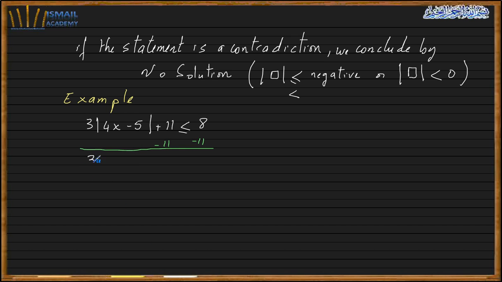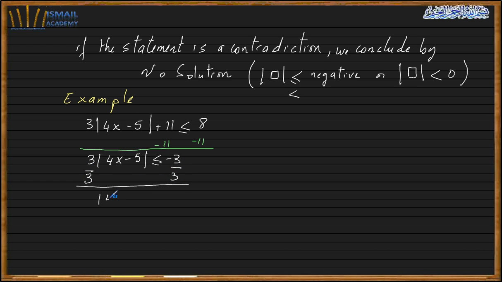So we end up having 3 times the absolute value of 4x minus 5 is less than or equal to minus 3. Never conclude when you have a minus here and a number in front of the absolute value. Make sure that you isolate the absolute value. Absolute value must be by itself first. Then you conclude. After that, you divide by 3.